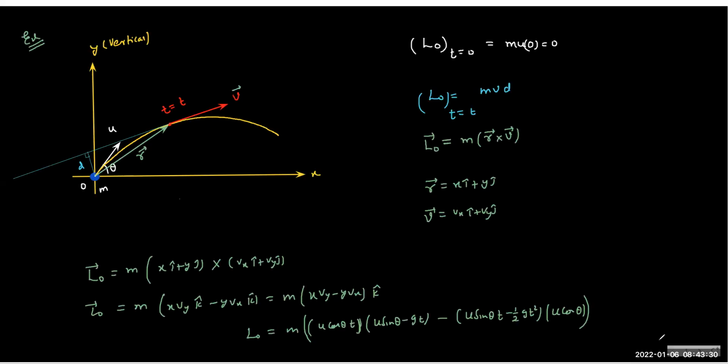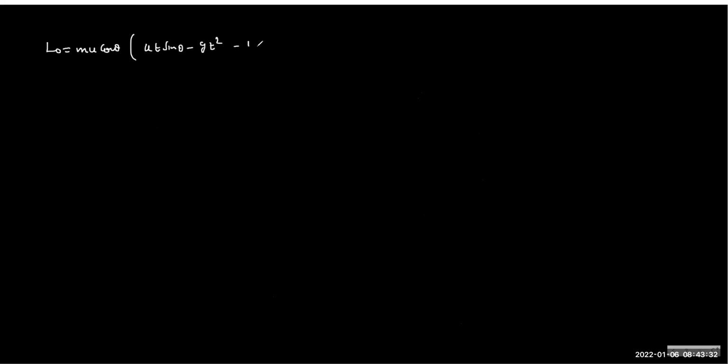And then here we have minus. Answer is m u g cos theta by 2.